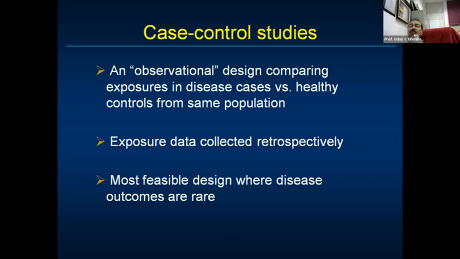In a case control study, you are actually comparing a phenomenon among a group of people who have the disease and the same phenomenon among a group of healthy controls who do not have the disease. So basically, this is an easier study to do.